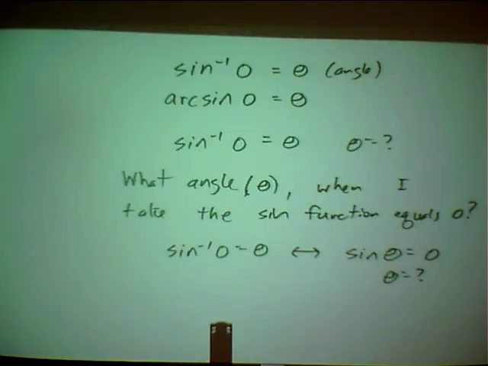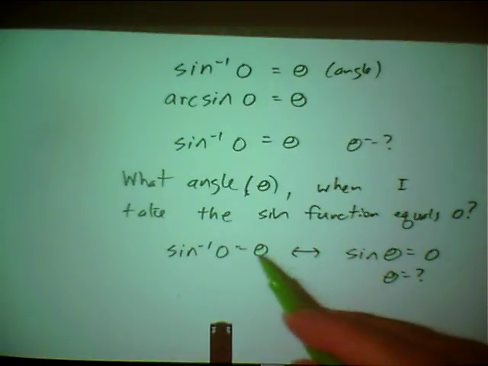Now what's interesting, so that part, I think hopefully is easy to understand. We've sort of done that before already. We've sort of done problems where we had to go figure out what the angle is that gives us a certain sine function. But the tricky thing is, with these trig functions, there is a limitation on the allowed angles.